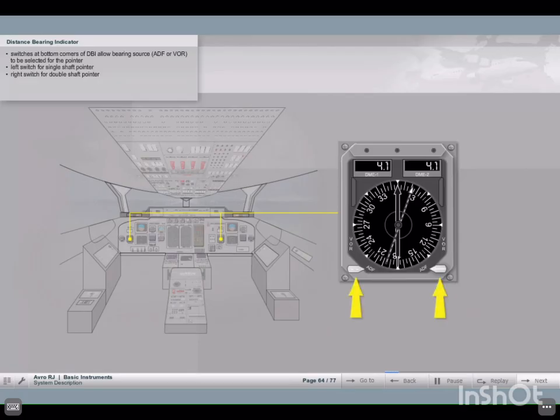Switches at the bottom corners of the DBI allow bearing source to be selected for the pointer. The left switch is for the single shaft pointer and the right switch is for the double shaft pointer. The switches are selected horizontally inwards for ADF and vertically upwards for VOR sources.